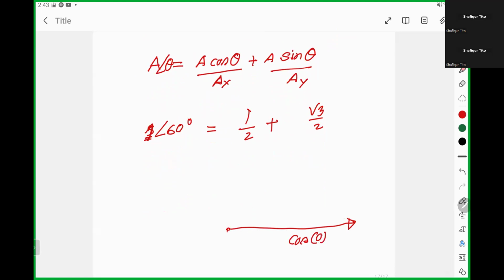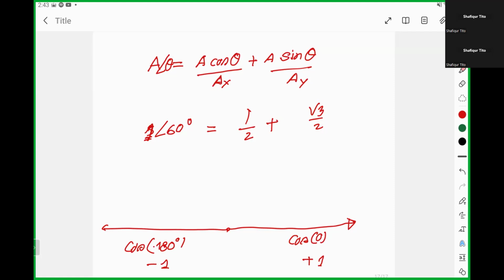Now if you go in the opposite direction, that will be cos of 180 degree, and that will be minus 1. Okay, this is plus 1, cos of 0 degree. So this one in the horizontal direction will be multiplied by 1. And if you go in the opposite direction, that will be multiplied by minus 1, cos of 180 degree.